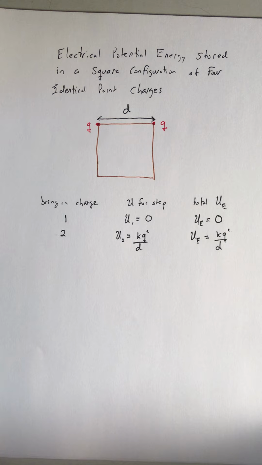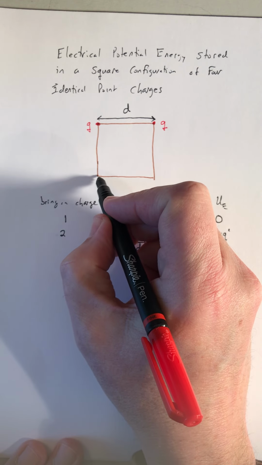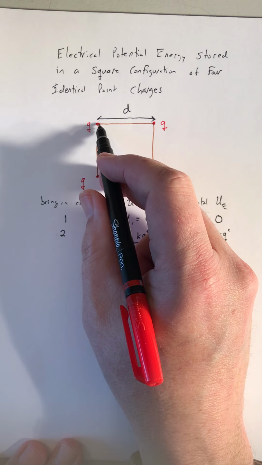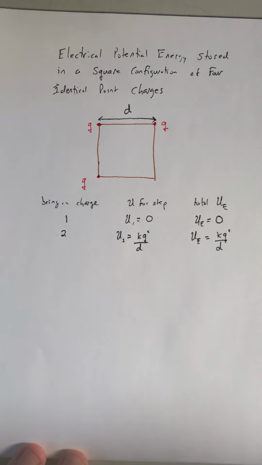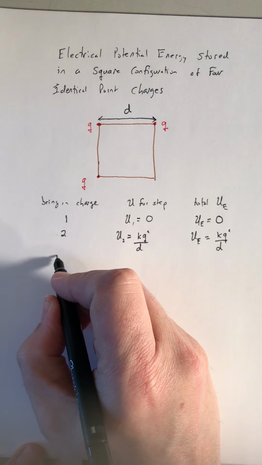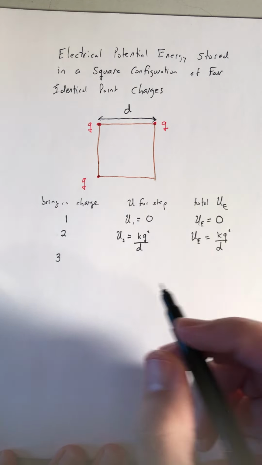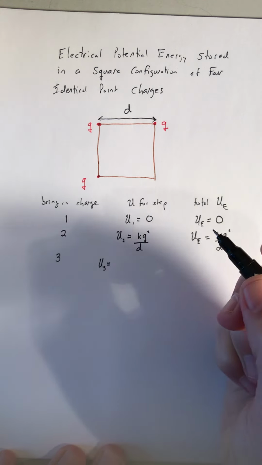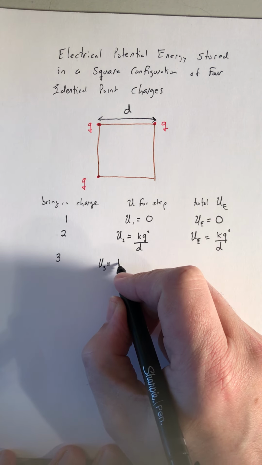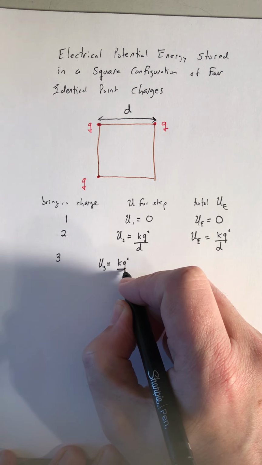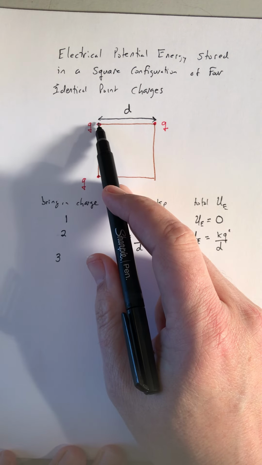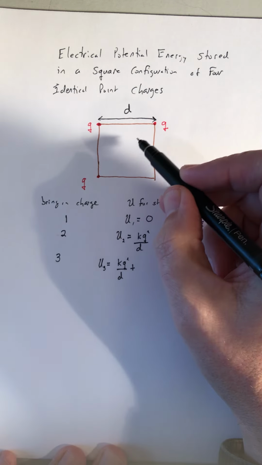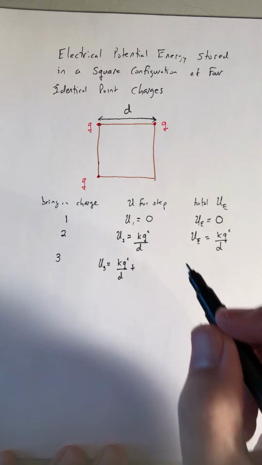Now I want to bring in a third charge to here. It's going to interact with the first charge and also with the second. So bringing in the third charge, electrical potential energy in that step is kq squared over d for its interaction with the first, and then we have an electrical potential energy for its interaction with the second, and now the distance has changed.